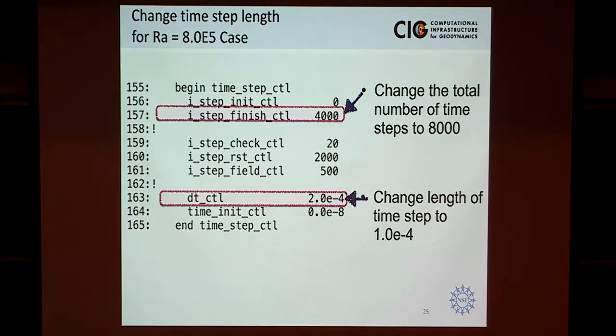So reduce the time step from 2 times 10 to the minus 4 to 1 times 10 to the minus 4, and the number of time steps from 4,000 to 8,000. Once we have this, can we go ahead and start running? Yes. Has everyone changed the parameters?